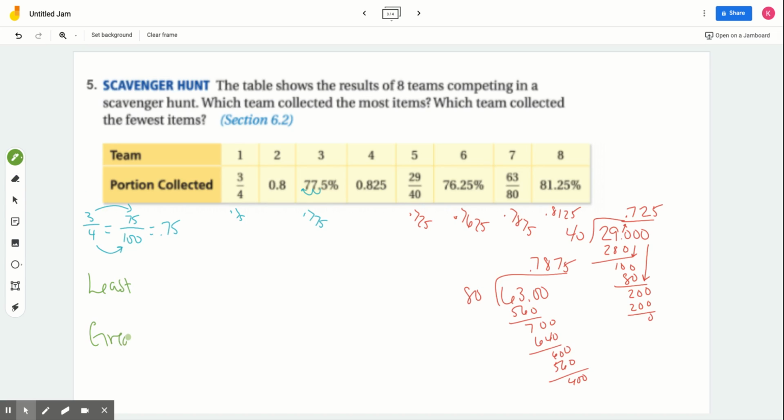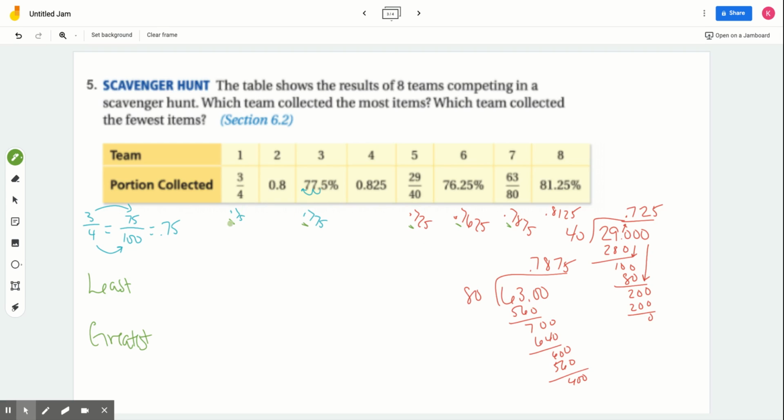So as I do that, I can see that my numbers all range in the 0.7 to 0.8 something decimal range. So we're going to start by comparing the 0.7s. So any of them that have 0.7, we're going to compare.